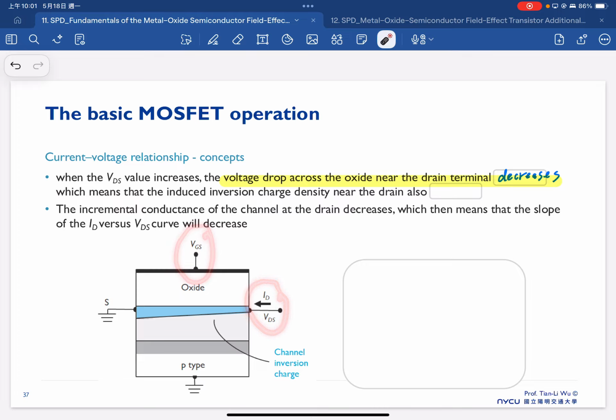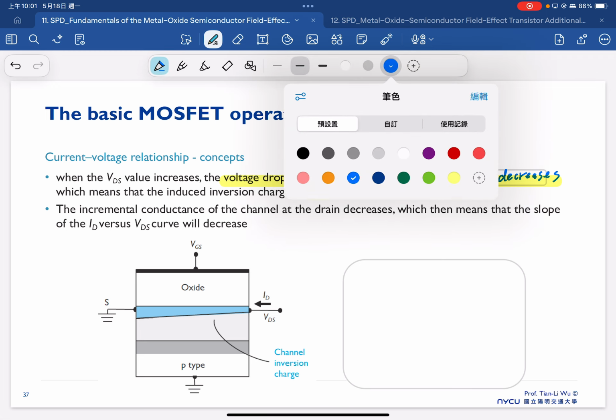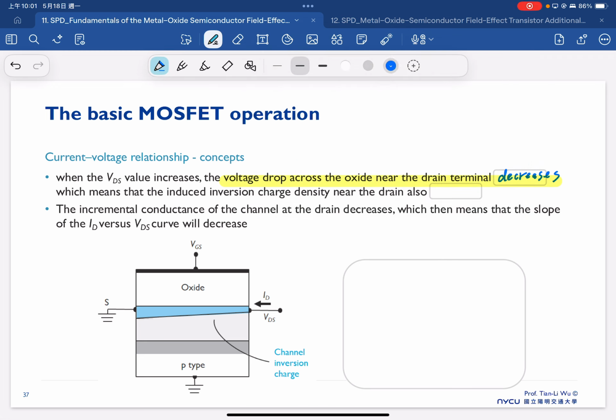Therefore, the voltage difference between the gate and drain, VGD, is very simply equal to VGS minus VDS, right?